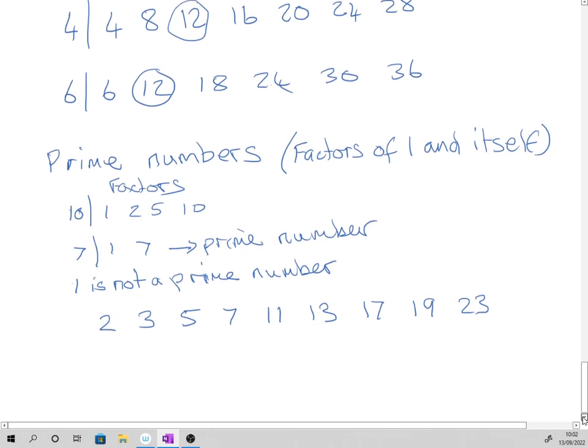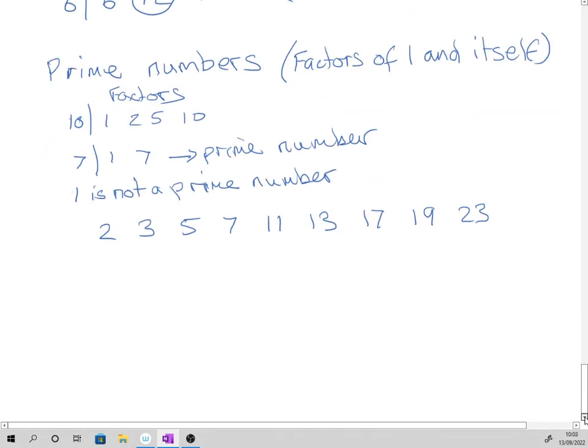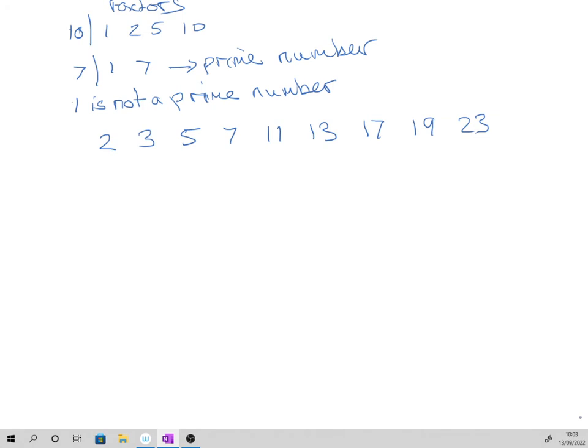So all of these numbers here have only got factors of 1 and themselves. For example, 13. 1 times 13, but nothing else will go into it. So these are a list of the first several prime numbers. And if you can remember up to about 13, you'll be fine. So when we're looking at factors of numbers, we can just look at prime factors.